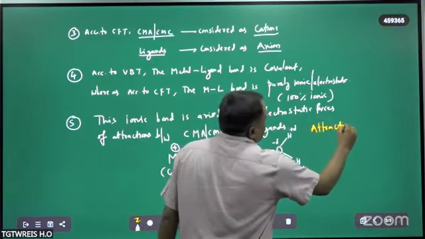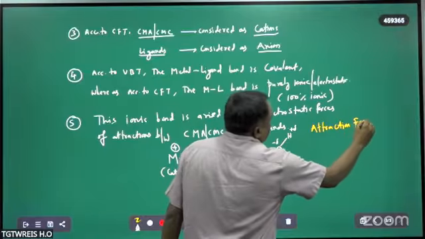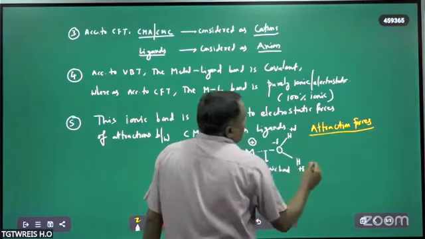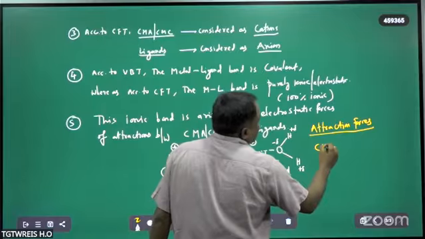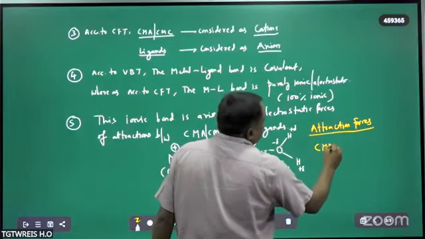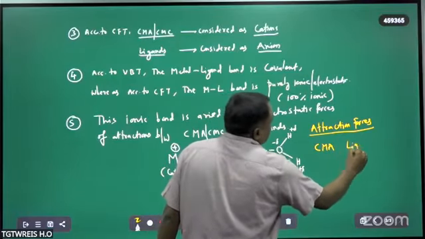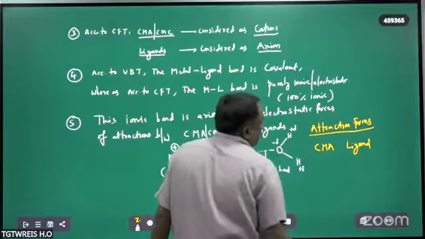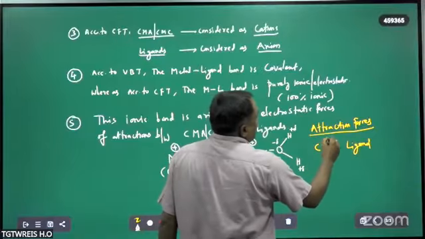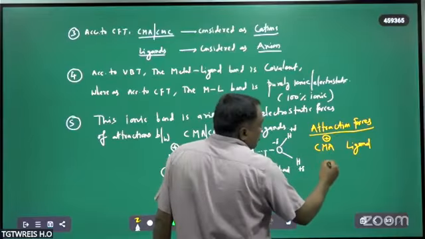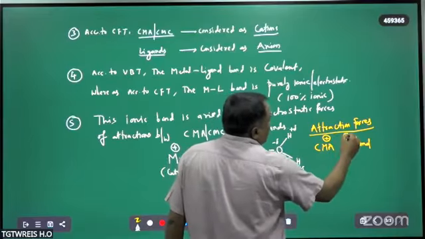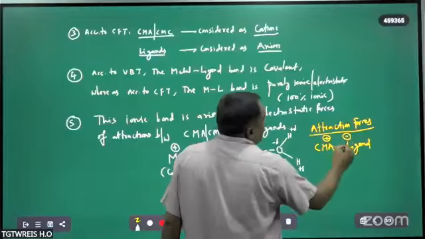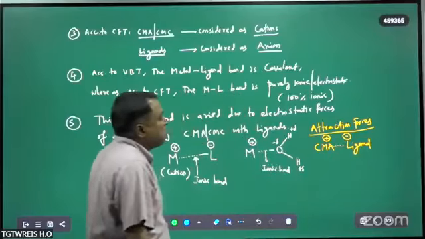What is meant by attraction force? Electrostatic force of attraction is generally developed between the central metal atom and ligand. The positive charge of the central metal atom and the negative charge of the ligand, in between we have the attraction force.